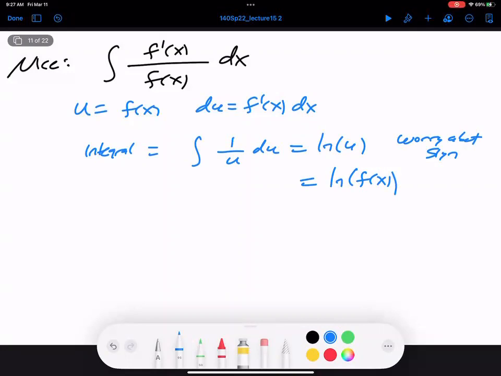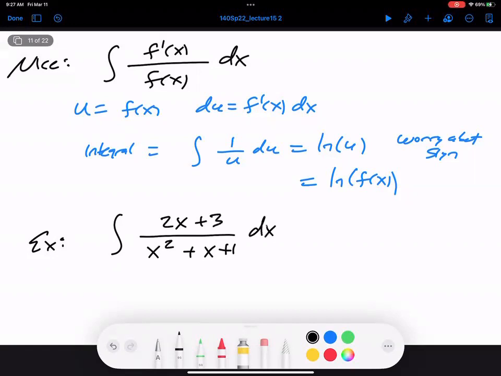So, for example, if I give you the integral of 2x plus 3 over x squared plus x plus 1 dx, I could write this as the integral of 2x plus 1 over x squared plus x plus 1 dx plus the integral of 2 dx over x squared plus x plus 1.